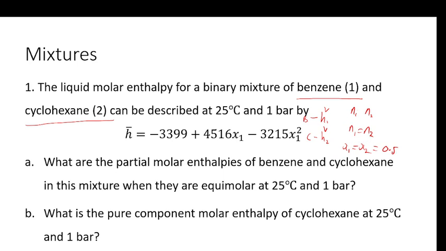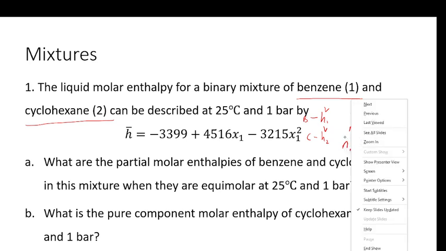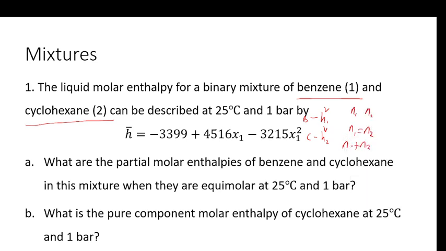When the mole fractions are the same, because the total sum is supposed to be 1, the value of each one would be 0.5. To make this a little more understandable, we know that n1 plus n2 gives us n total.